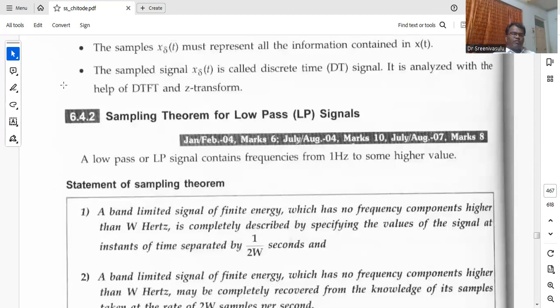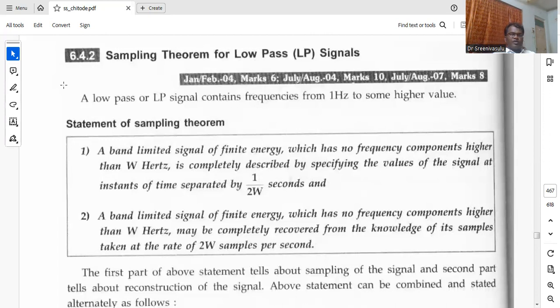Now, coming to the sampling theorem for low-pass signals. We say low-pass signal specifically because usually our message signals are low-frequency signals.